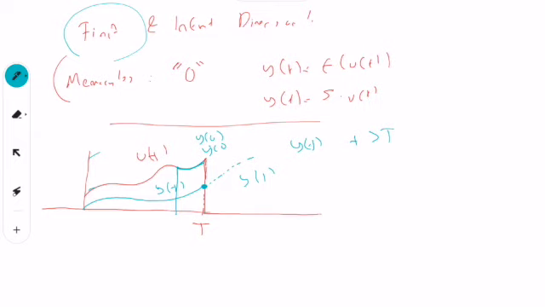So how can you check it? It's easy. If you can write your system using an ordinary differential equation with a finite number of derivatives, or if you can write the system in state space form with a finite number of states, your system is finite dimensional.